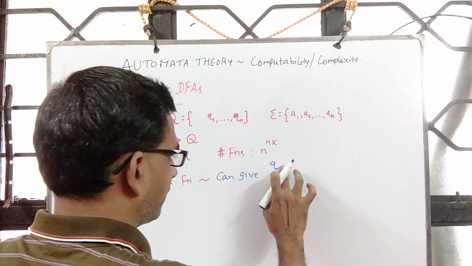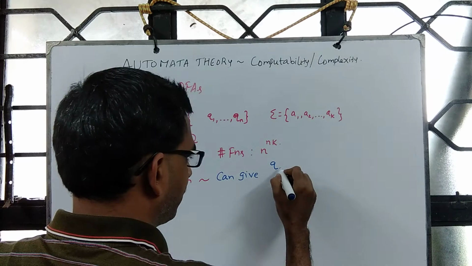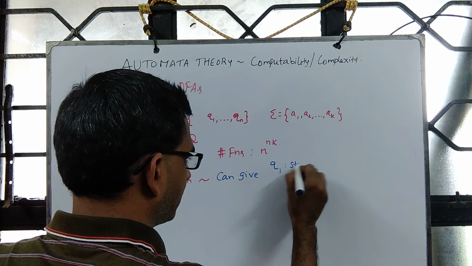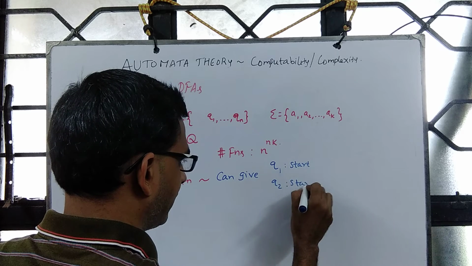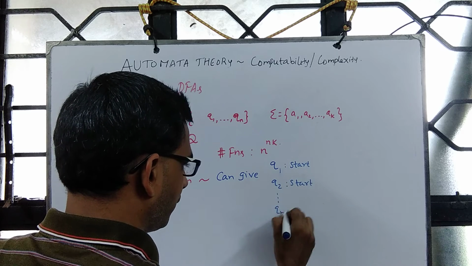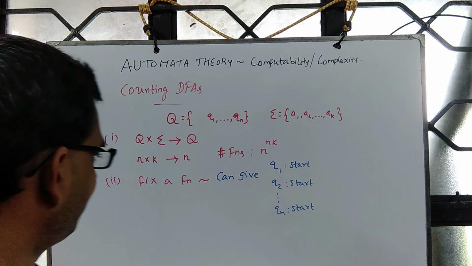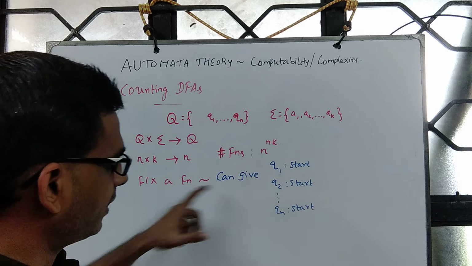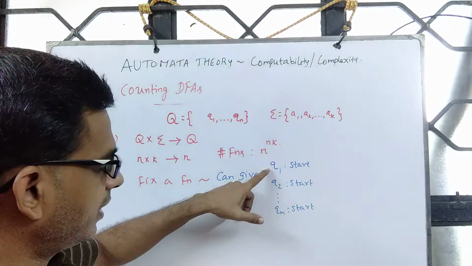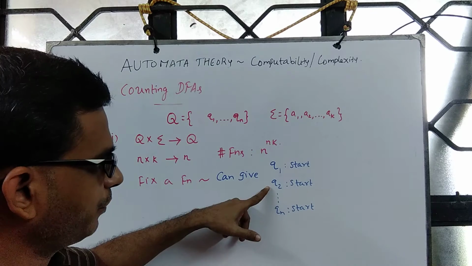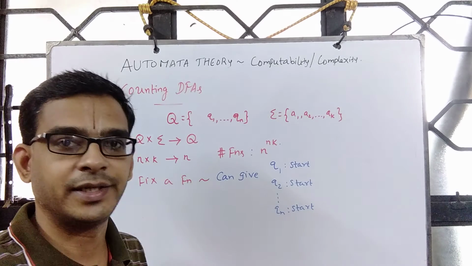Okay, so what all automatons can we get? We will get an automaton in which q1 is the start state, and one in which q2 is the start state, and so on up to qn is the start state. So if you fix a function, we get n different automatons. In the first one, q1 is the start state. In the second one, q2 is the start state. In the nth one, qn is the start state.